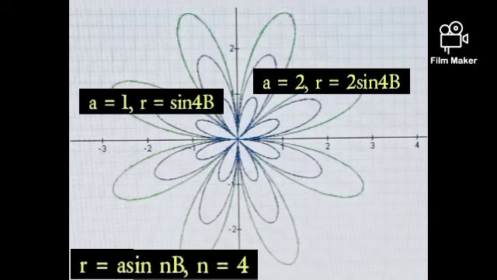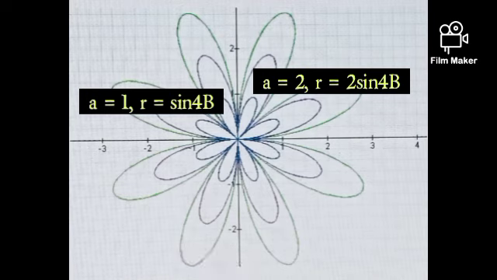Again, the graph of this polar equation is a rose with 8 petals. Because n is even, the number of petals of the rose is twice the value of n, an even number, and n is equal to 4. Thus, the rose representing the polar equation r = 2 sin 4θ has 8 petals.